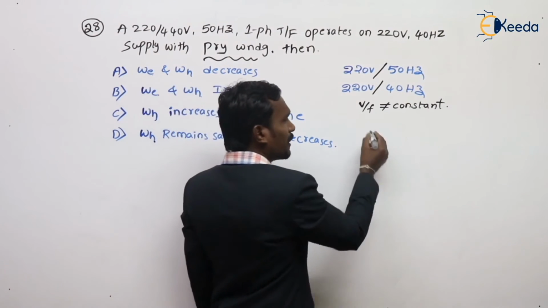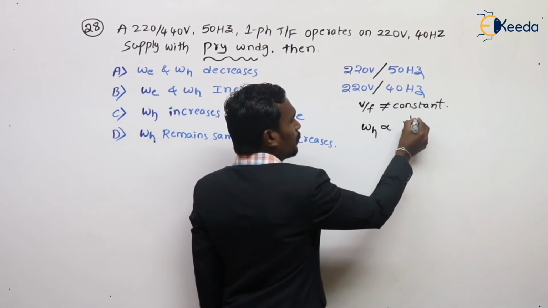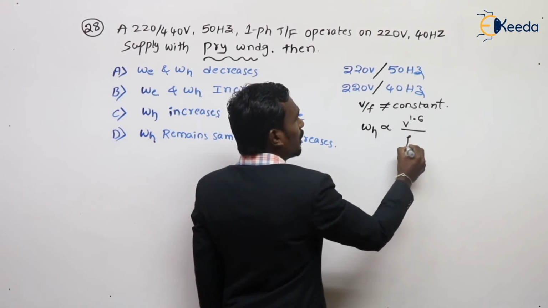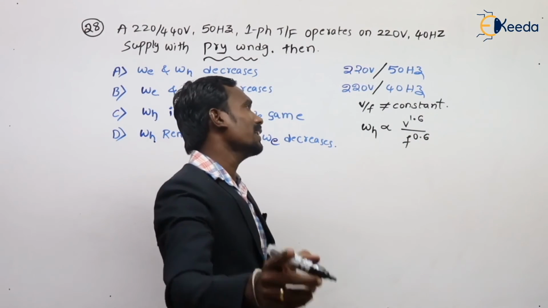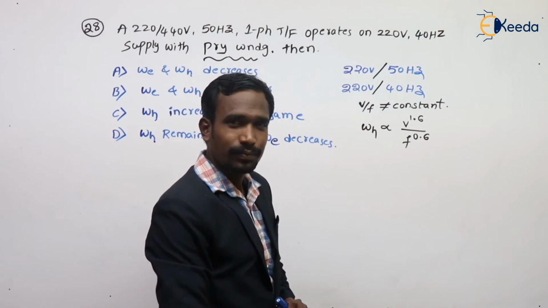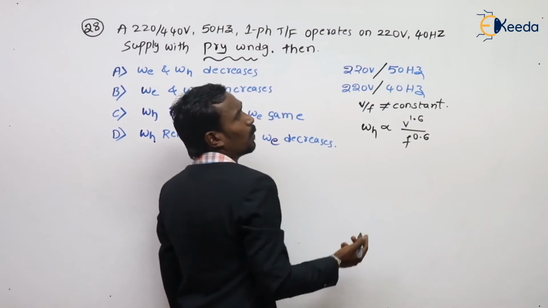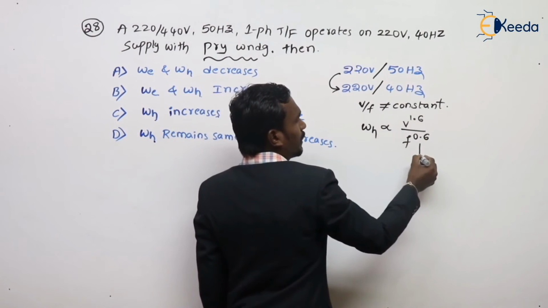If the V by F ratio is not constant, hysteresis losses are directly proportional to V power 1.6 by F power 0.6. I already told you this, it is very, very important. So tell me, what happened here? From here to here, the frequency decreases.